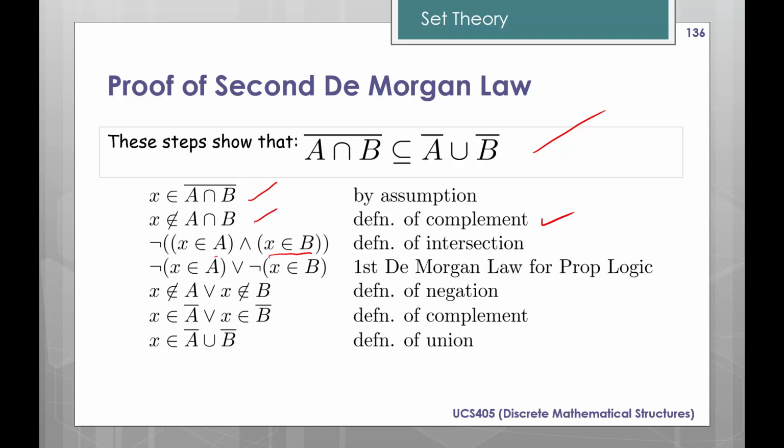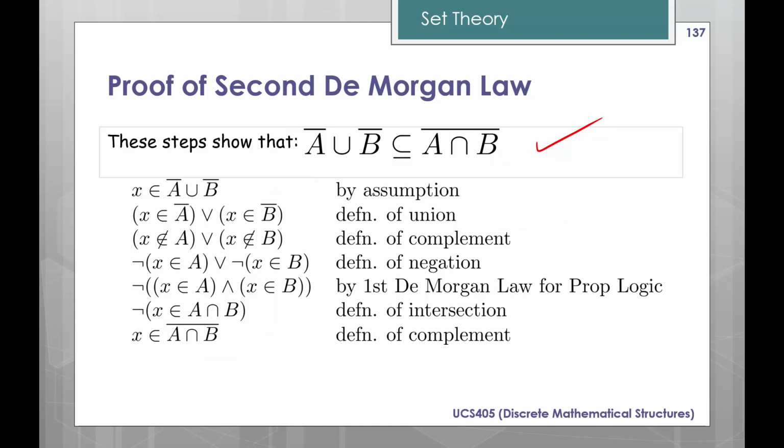Now, by the first De Morgan law, this AND becomes OR and the negation sign also comes to each part: negation of X belongs to A, or negation of X belongs to B. Now X does not belong to A or X does not belong to B. By the definition of complement, X belongs to A bar or X belongs to B bar. By the definition of union, X belongs to A bar union B bar. So what we assumed and what we have proved, the statement gets proved.